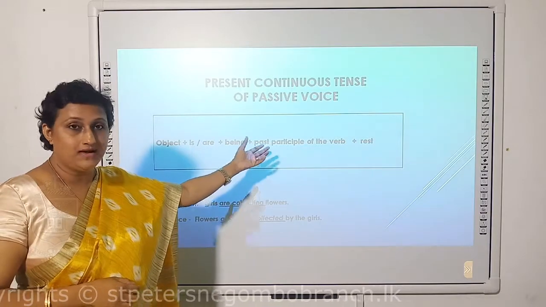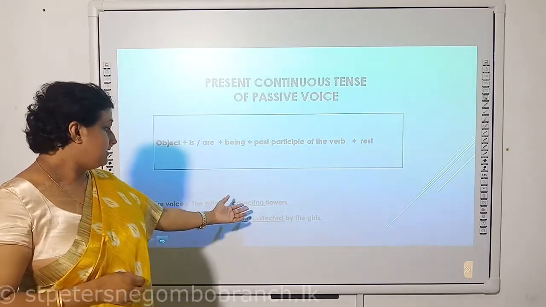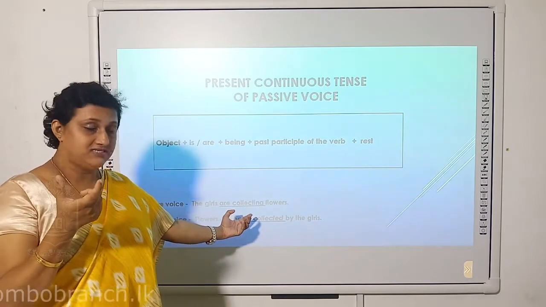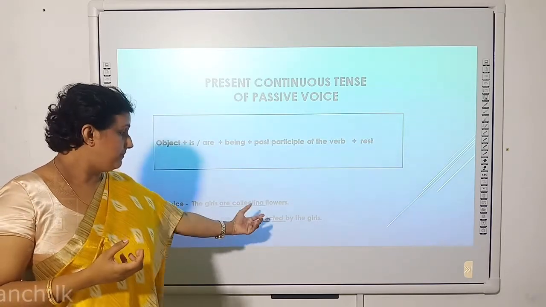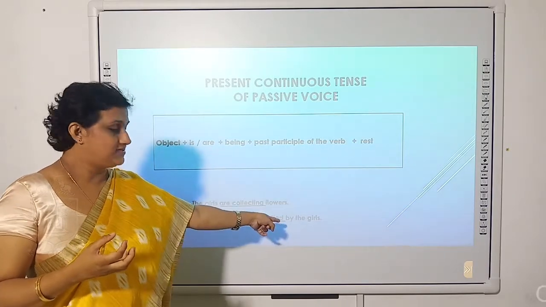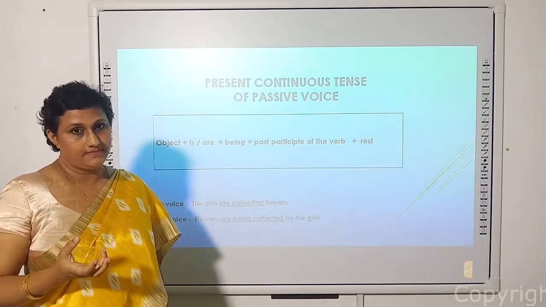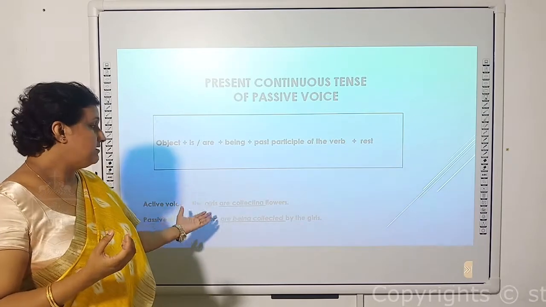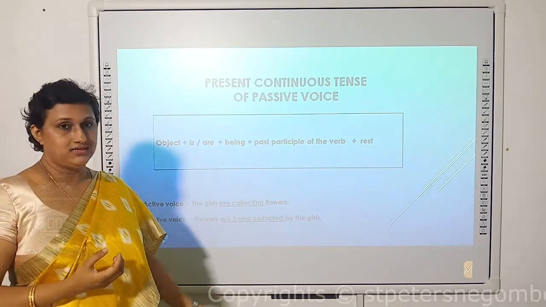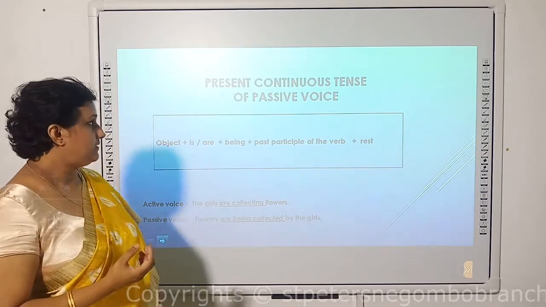And then you have the past participle of the verb. The infinitive is collect, so the past participle is collected. Then the rest of the stuff, by the girls, right? The example is the girls are collecting flowers. The flowers are being collected by the girls, right? Okay.